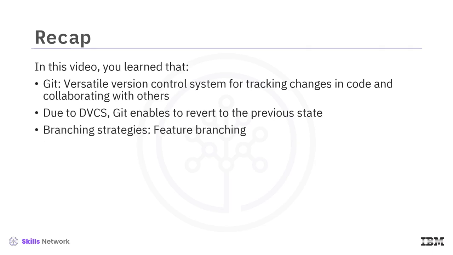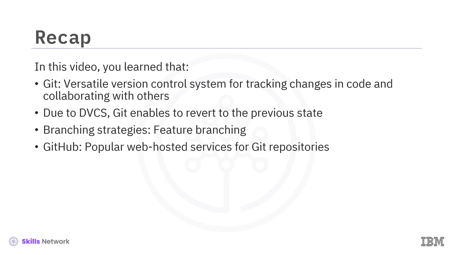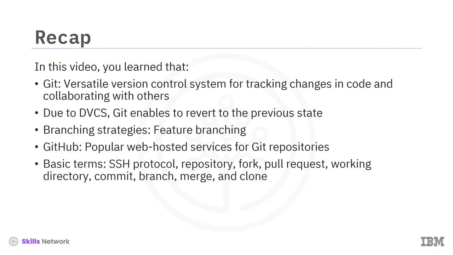Git supports branching strategies, such as feature branching, to organize and manage development. GitHub is one of the most popular web-hosted services for Git repositories. Basic terms associated with Git and GitHub are SSH protocol, repository, fork, pull request, working directory, commit, branch, merge, and clone.